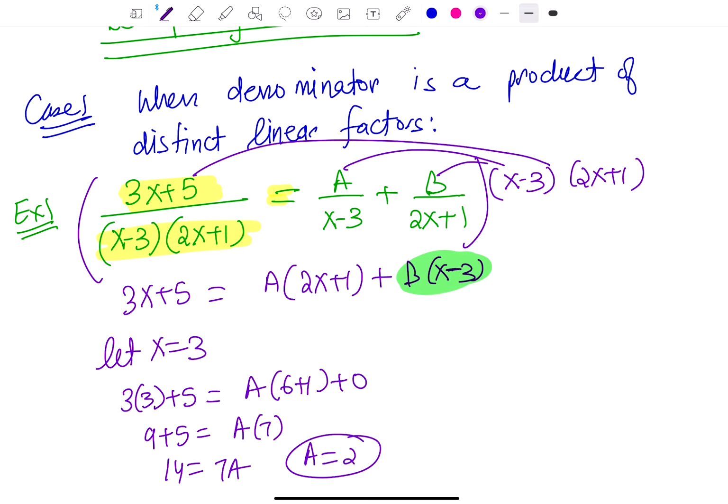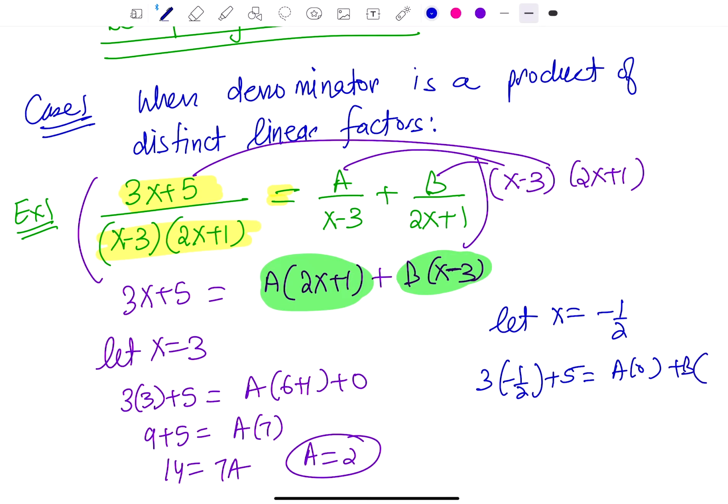Now the second time, I'm going to let x equal negative 1/2. And the reason why I'm choosing that number is that it's going to make this factor 0, and I would be able to find B here. So 3 times negative half plus 5 equals A times 0 plus B times negative half minus 3.